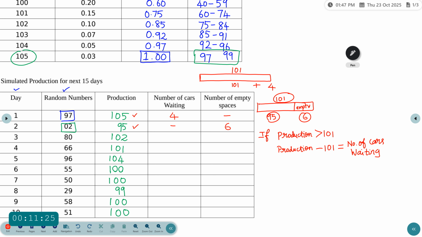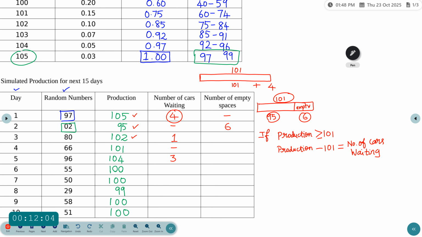So here 105 is greater than 101, so 4 cars are waiting. For 102, which is greater than 101, how many cars are waiting? 102 minus 101 equals 1. For 104 minus 101, 3 cars are waiting.